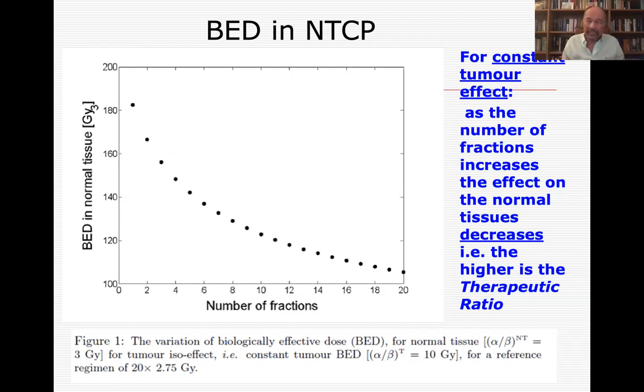We will see that there are exceptions, but this is the rationale for fractionation. If you want, even the rationale for hyperfractionation. So if you increase the number of fractions beyond the conventional 2 gray per fraction, 30 fractions, you should have an effect. If alpha beta is 3 gray for normal tissue and alpha beta is 10 gray for tumors, of course.